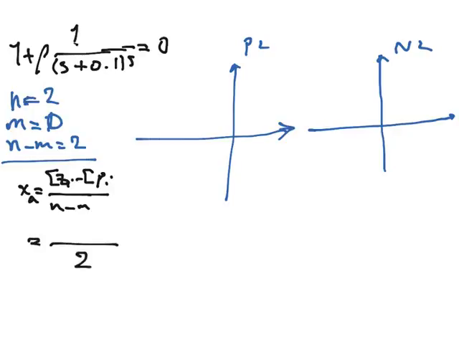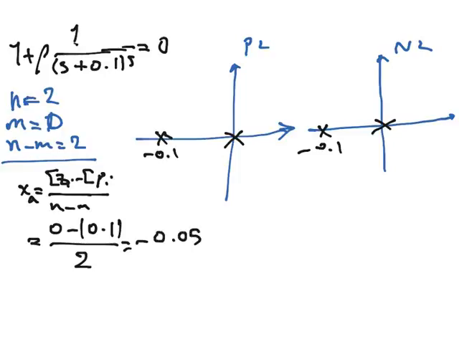Here n minus m is equal to 2. We don't have any zeros, so it is 0 minus the sum of the poles. For the first one, we have one pole at the origin, so it is 0, and another pole at minus 0.1. So here we will have 0.1, and accordingly this will be our xa.